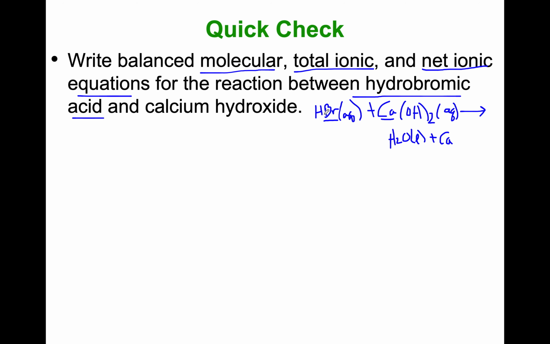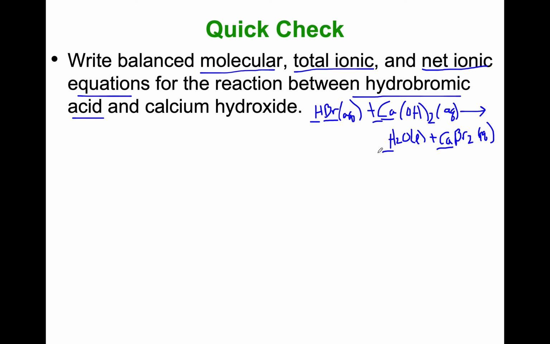Calcium's plus 2, bromide's minus 1, so the formula for calcium bromide is CaBr2, and that's in solution.